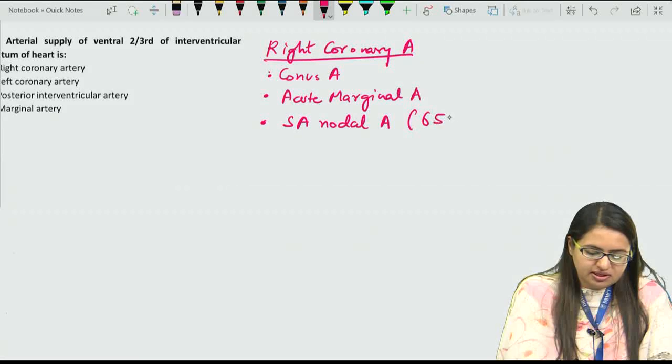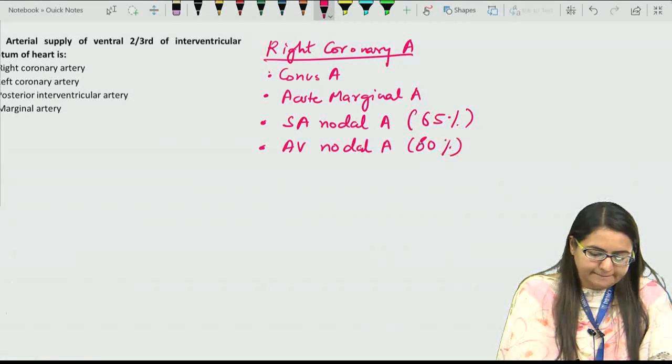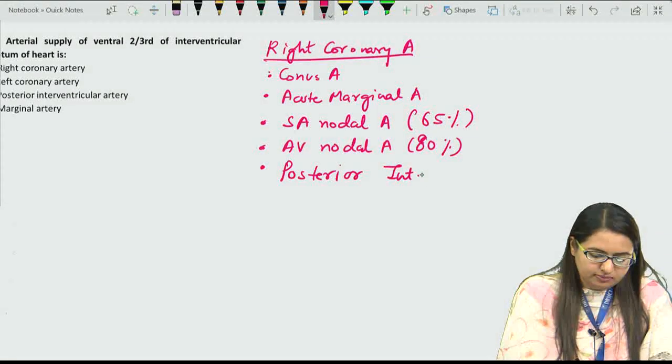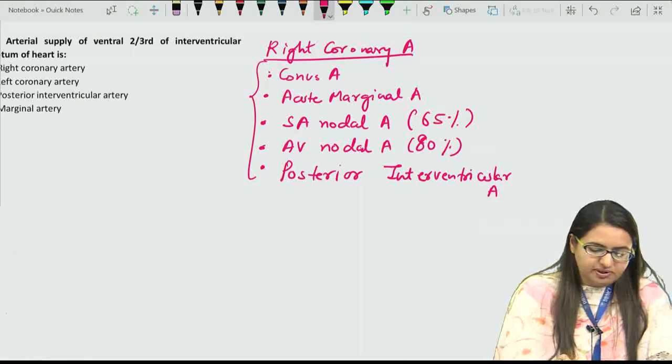This SA nodal artery is given in 65% of the cases. Then it gives off the AV nodal artery, which is given off in 80% of cases. And the posterior interventricular artery. These are the main branches.